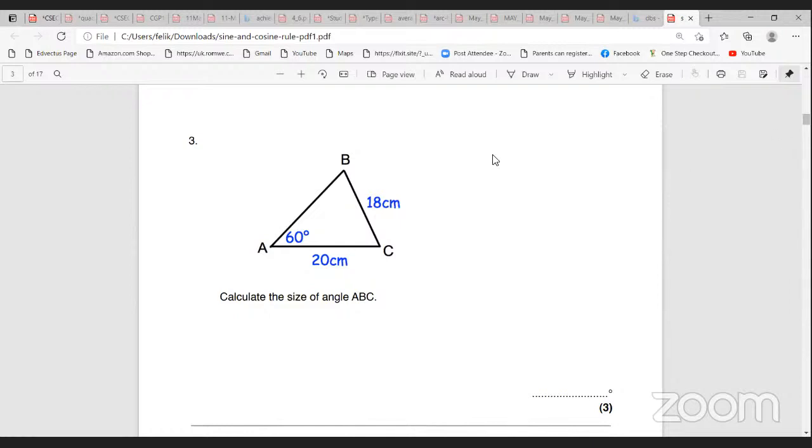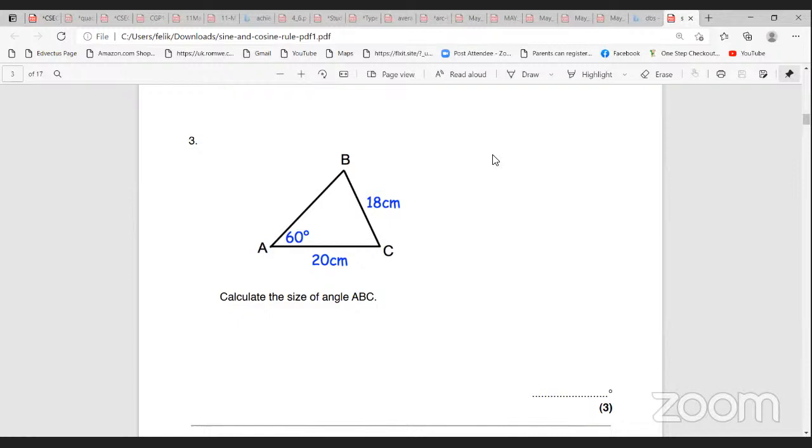All right, so for this one, what are we going to use for this question? I want you to look at it and tell me what we're going to use to calculate the angle ABC. Which angle are they referring to? They say ABC. How do I know which angle they are talking about, A, B, or C?